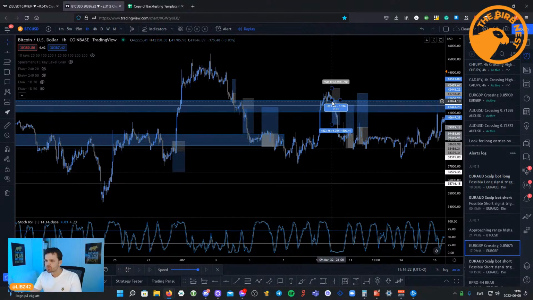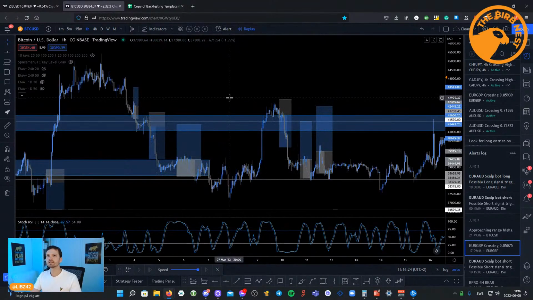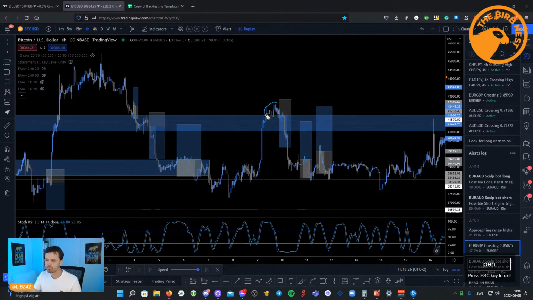Well, this one is a bit tricky, right? Because if you look at this top right here, it's obvious that the stochastics on the 1 hour is topping out here. But I'm entering here while the stochastics is in the oversold territory.